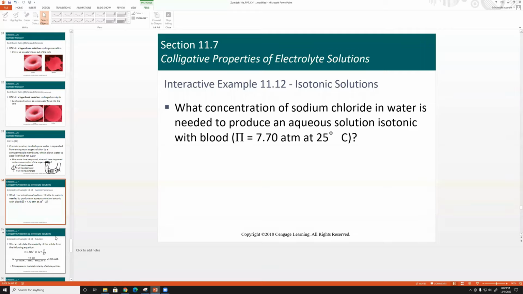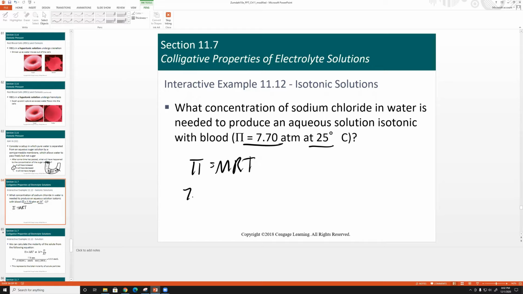Okay, so what concentration of sodium chloride in water is needed to produce an aqueous solution isotonic with blood? Isotonic with blood means the osmotic pressure is 7.7 at 25 degrees Celsius. We can use our osmotic pressure formula, pi equals MRT.